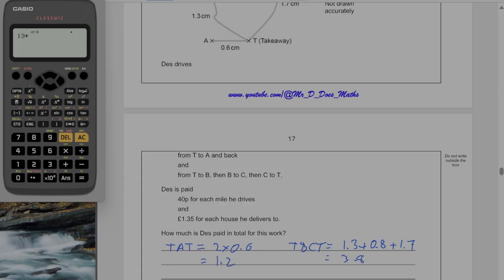1.3 plus 0.8 plus 1.7, which is... perhaps something wrong there. I have a decimal point there. 1.3 plus 0.8 plus 1.7 is 3.8, yeah.